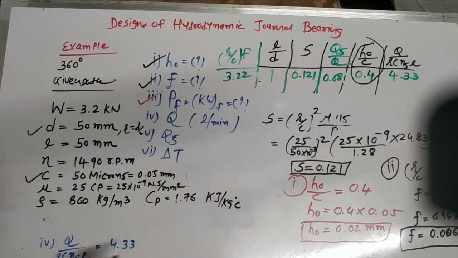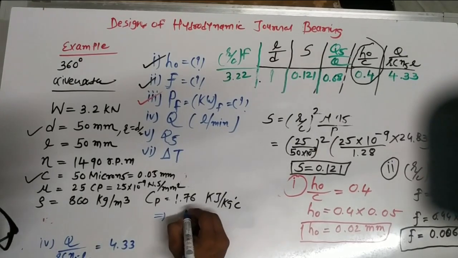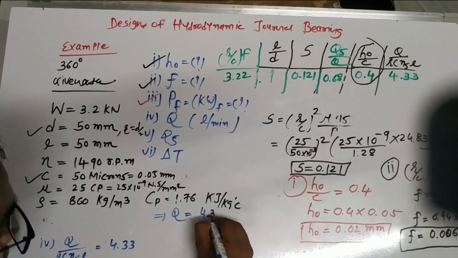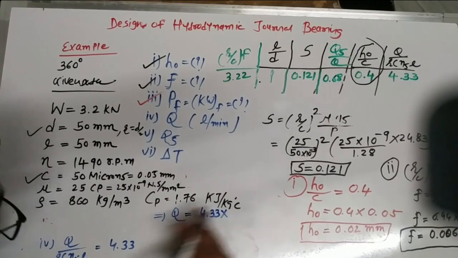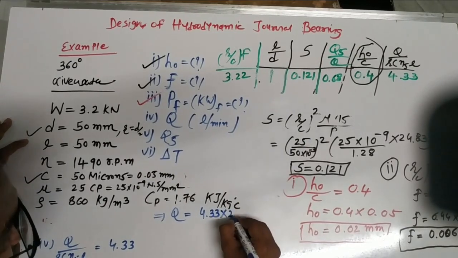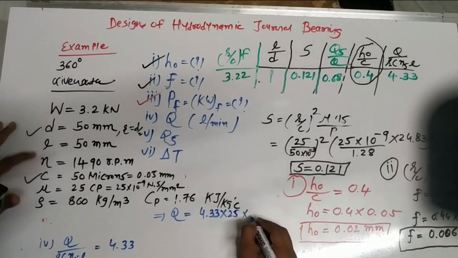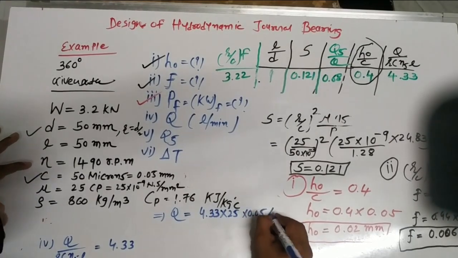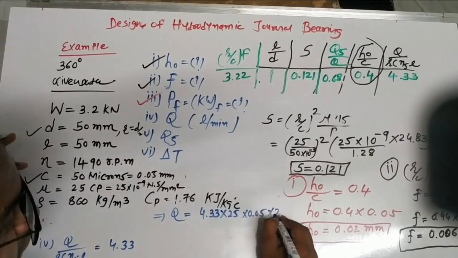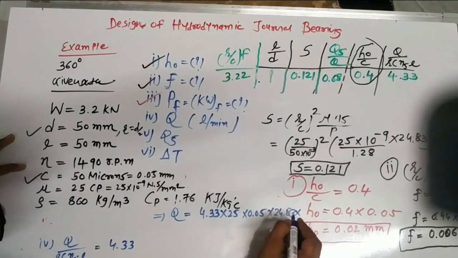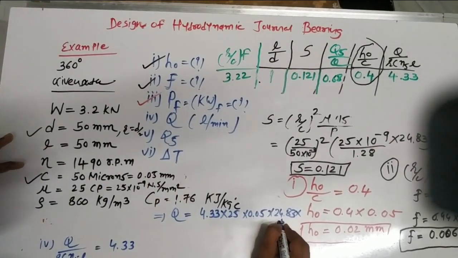So here we have Q upon R C Ns L equal to 4.33. So Q is equal to 4.33 into R C Ns L. What is R? R is your 25. C is already there, that is 0.05 mm. Ns you can see over here, that is 24.83, and L is 50 mm.